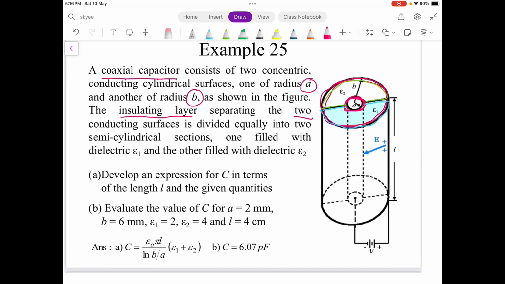Separating two conducting surfaces, divided equally, half of it: one filled with epsilon 1 and the other filled with epsilon 2, like what I explained just now.